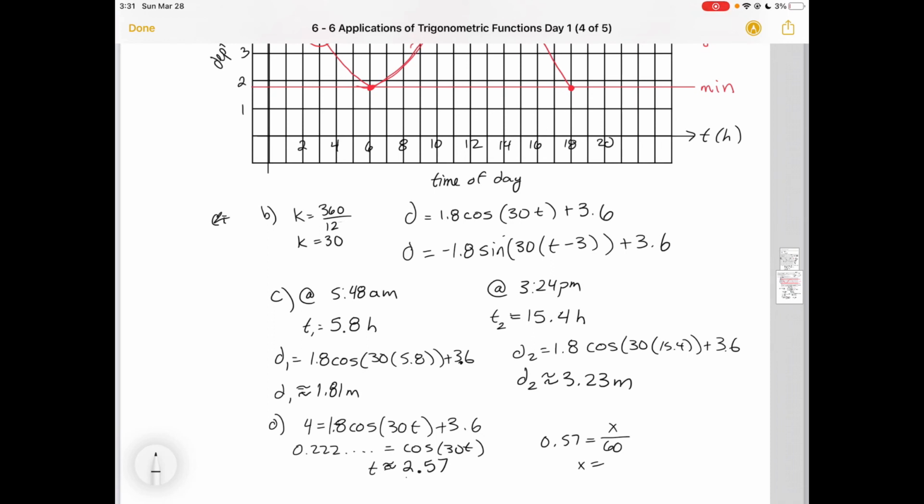So x is equal to 60 times 0.57, which is about, we'll say about 34 minutes. So that means that at about 2:34 a.m., the depth of the water is 4 meters.